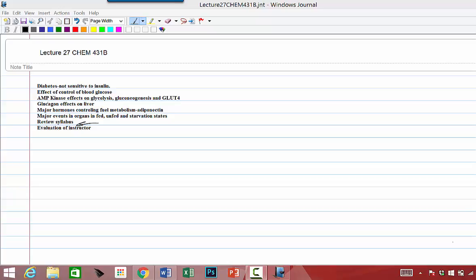Adipose tissue, we've talked about this quite a bit, how the fatty acids are delivered to the adipose tissue in the form of one type of lipoprotein. Does anyone remember the type of lipoprotein that delivers fatty acids to the adipocyte? Actually, it delivers it in the form of triacylglycerols. Anyone remember?